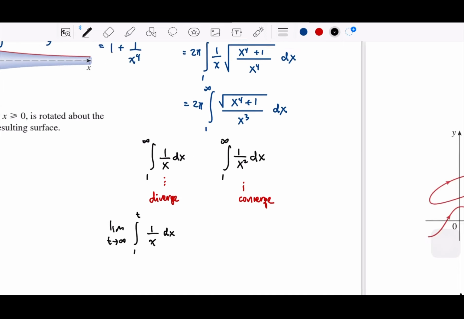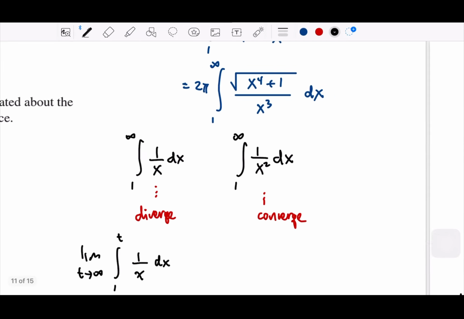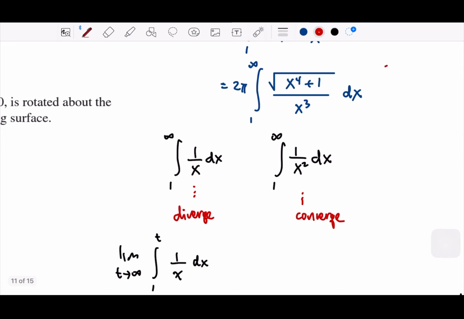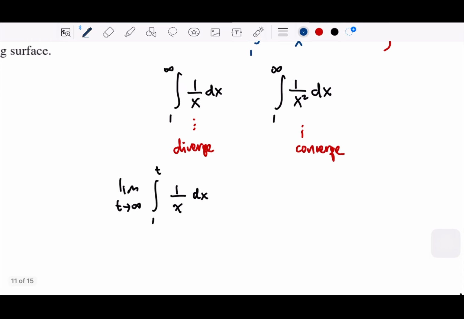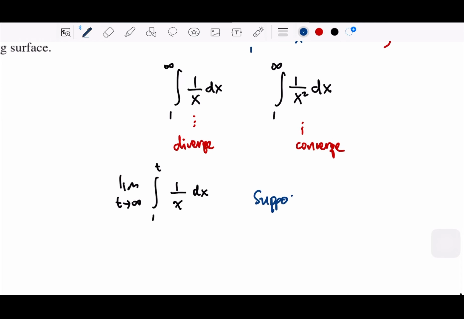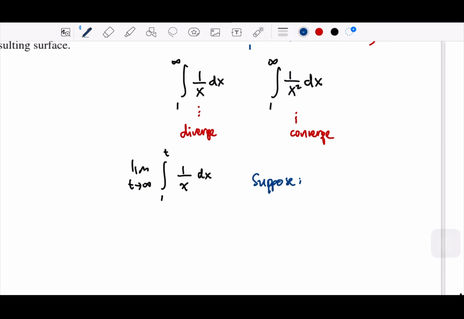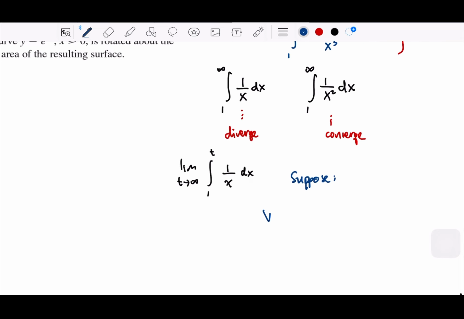Okay, now the same thing with this question here. So suppose we see the square root of x to the power of 4 plus 1.